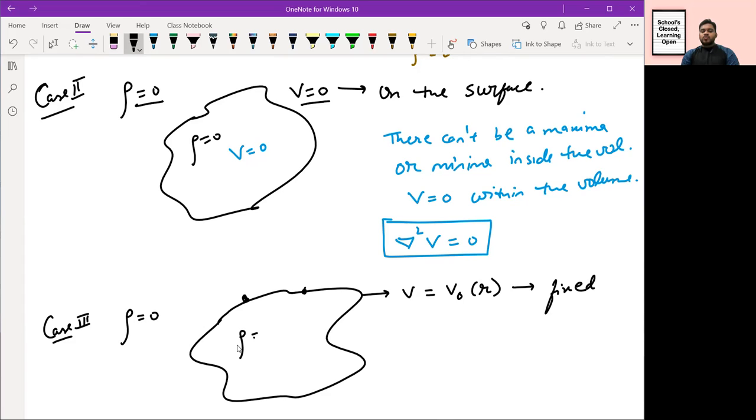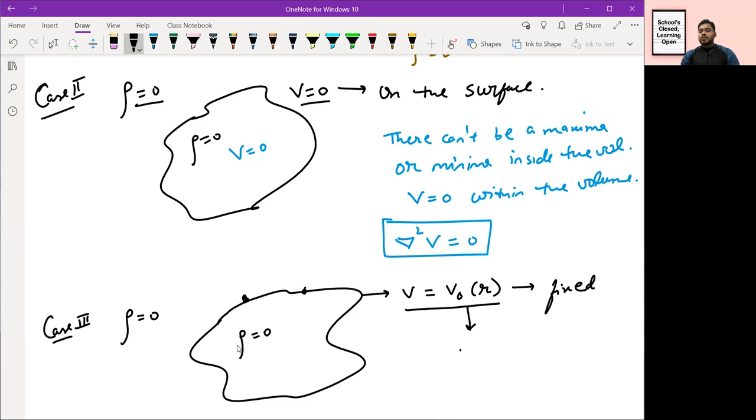And inside, there is no charge cavity. Now our claim is that there can be only one type of distribution of potential function inside the cavity. We have to find whether it is possible or not to have two or more functions of potential inside the volume which will satisfy this boundary condition.